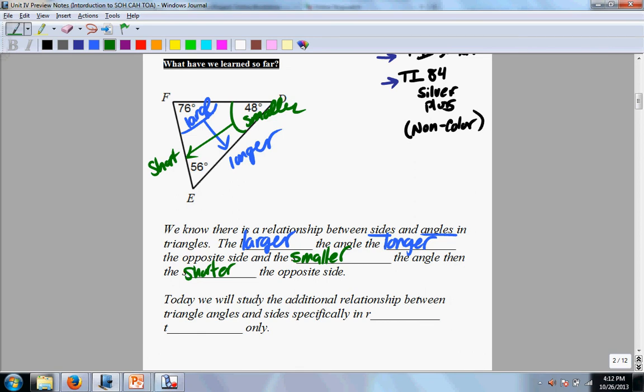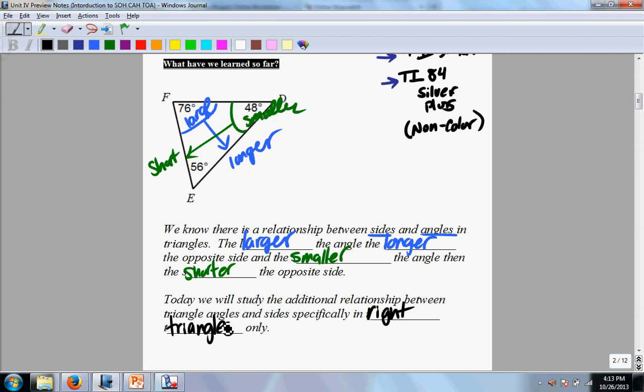Today we're going to study an additional relationship of sides and angles in triangles, but it's going to be specifically in right triangles only.